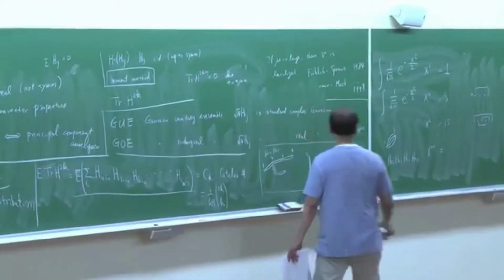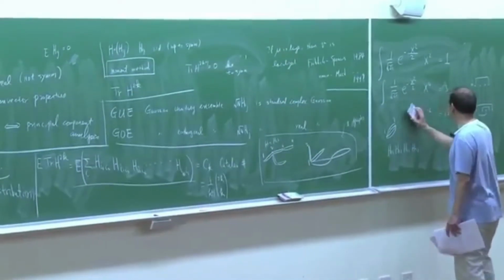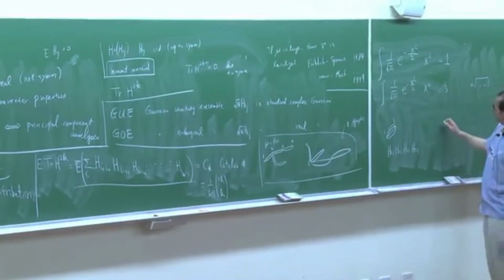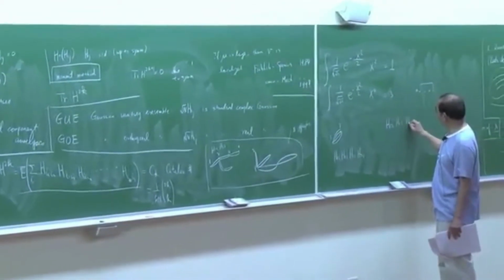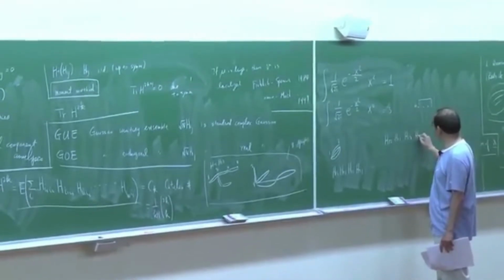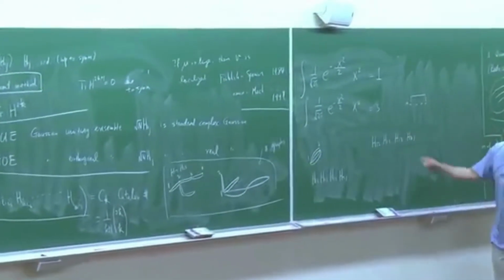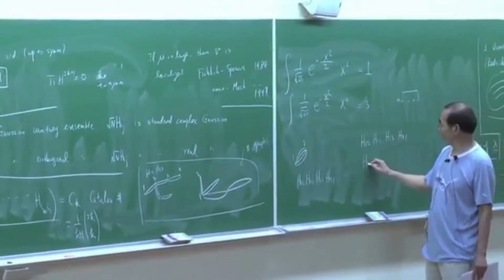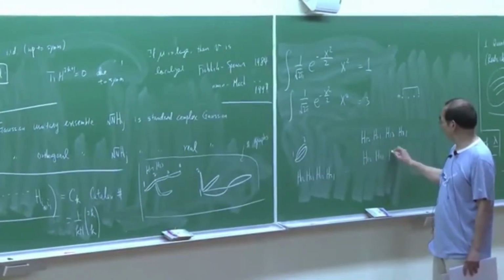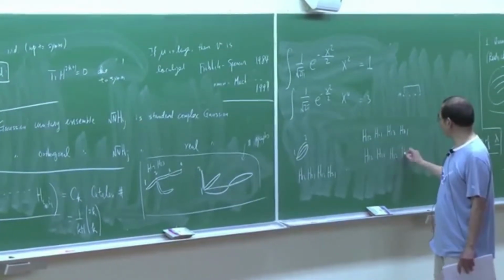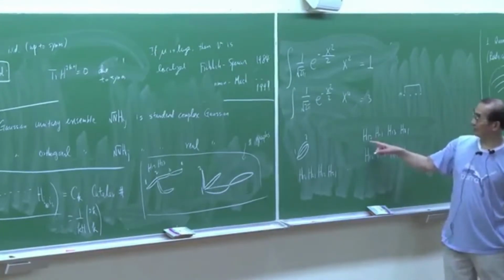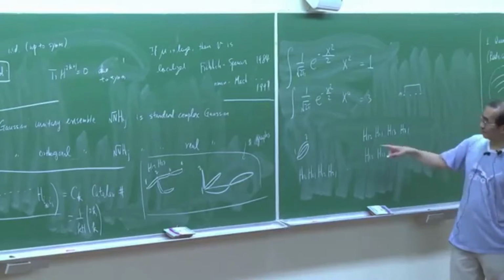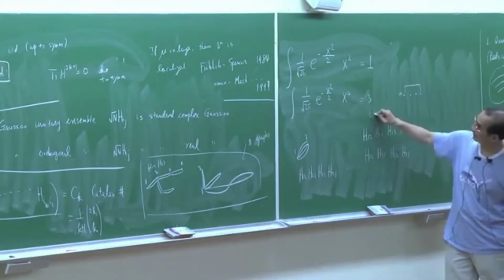Let me give you an example. Look at H12 H21 H13 H31 and compare this one with H12 H21 H12 H21. Here the summation indices are 1, 2, and 3, and when I say 1, 2, this means i1, i2.